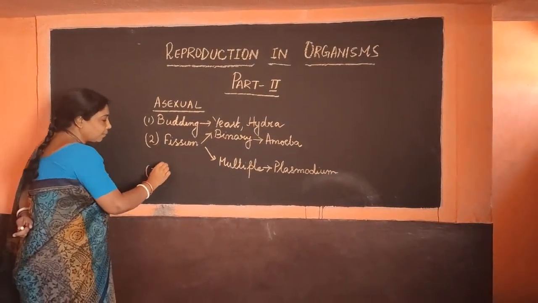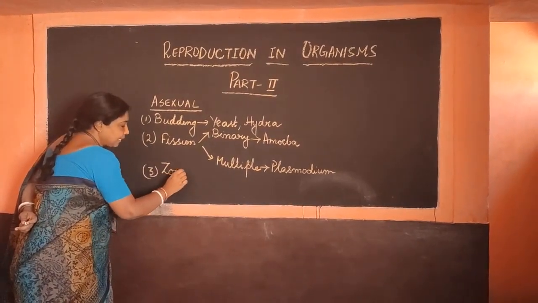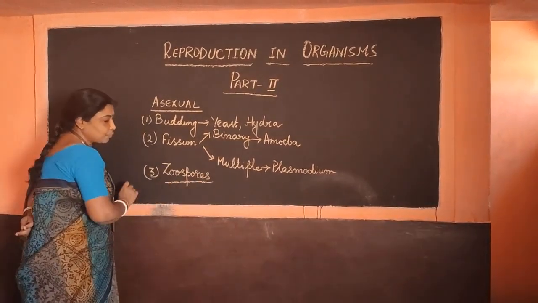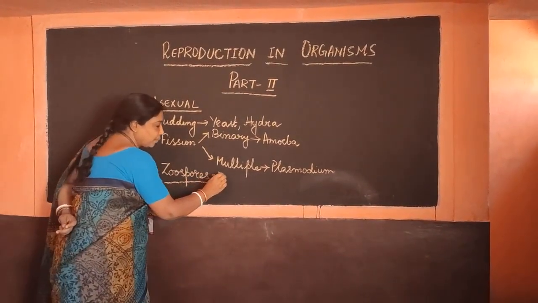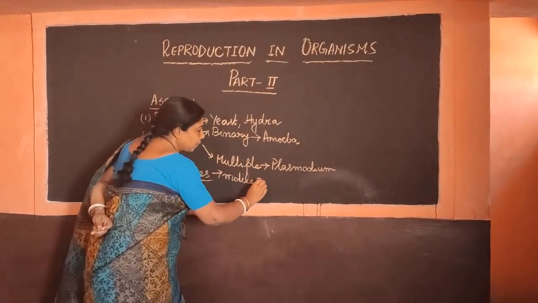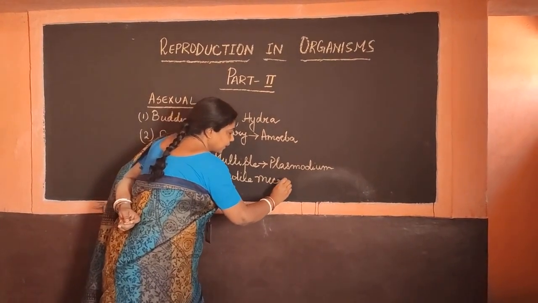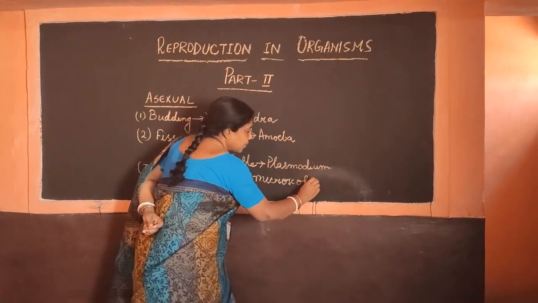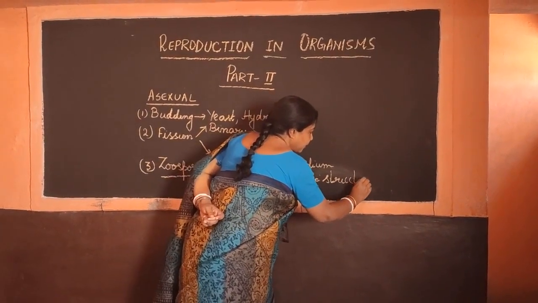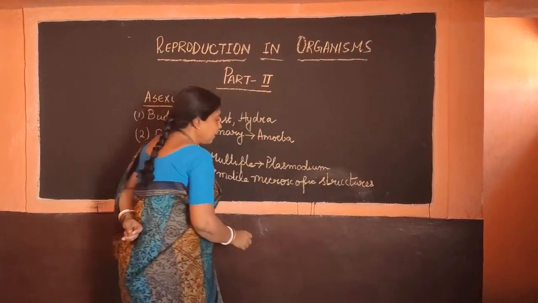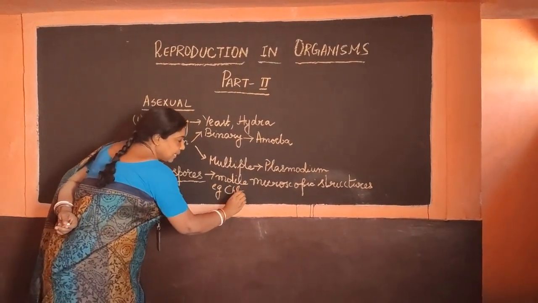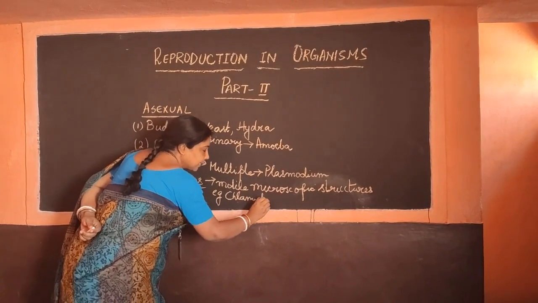Now in the asexual mode of reproduction, we come across certain structures known as zoospores. These zoospores are motile microscopic structures, and they are responsible for forming new individuals, and the best example is Chlamydomonas.